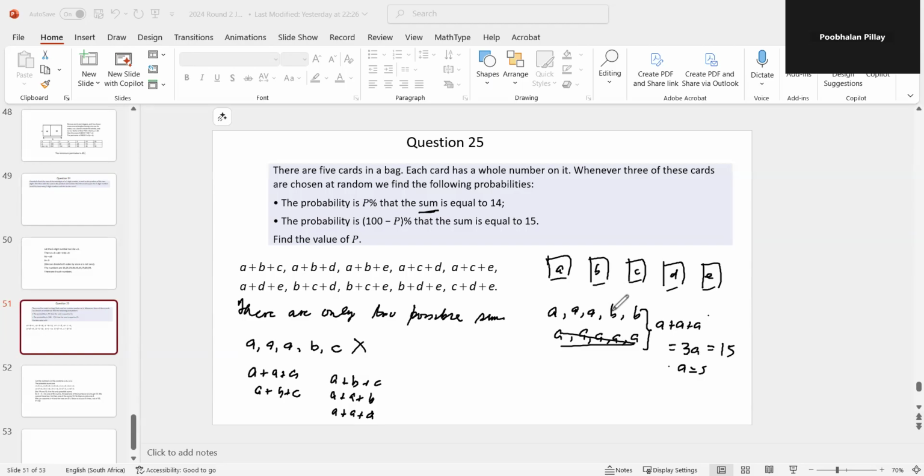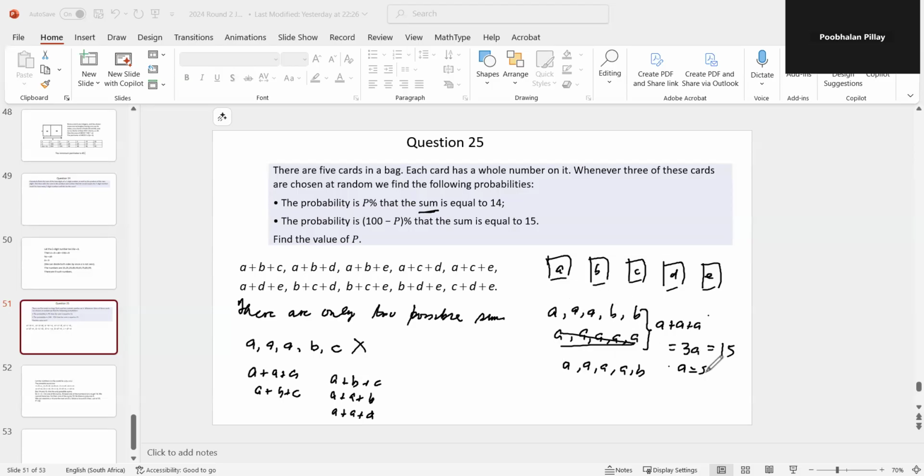So you have 2 B's or no B's, but you could have 1 B. Forget about this. You could have 1 B. All right, so no B's is out. Now what about 2 B's?